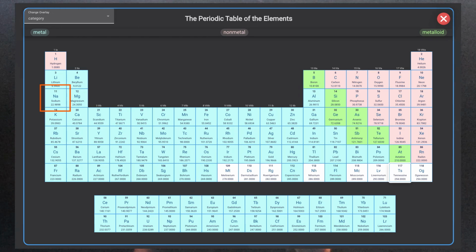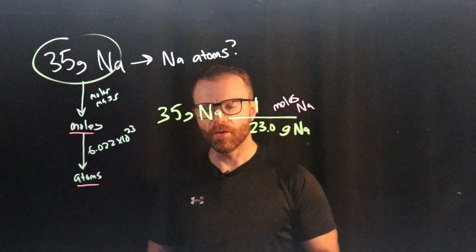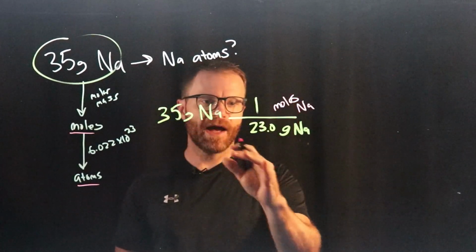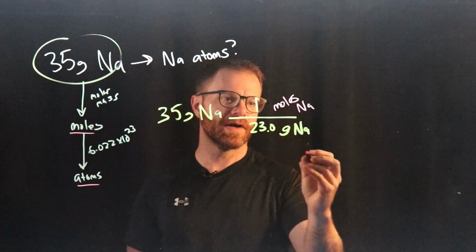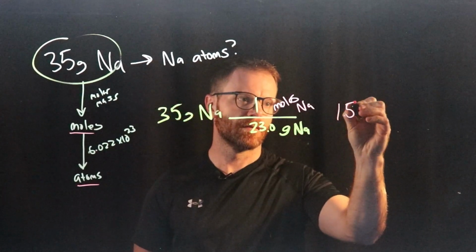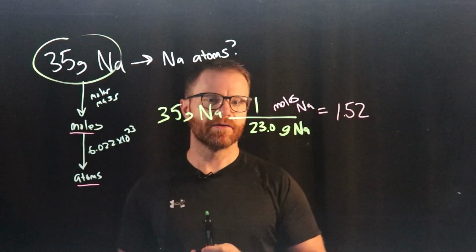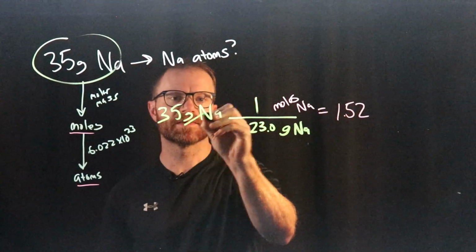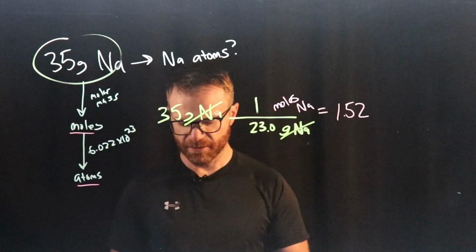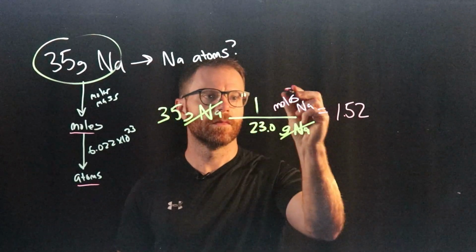So there are 23.0 grams to every 1 mole of sodium. Okay, if we do the math here, 35 divided by 23 is 1.52. We cancel the units found on both top and bottom, so grams of sodium cancels with grams of sodium, leaving the unit moles of sodium.